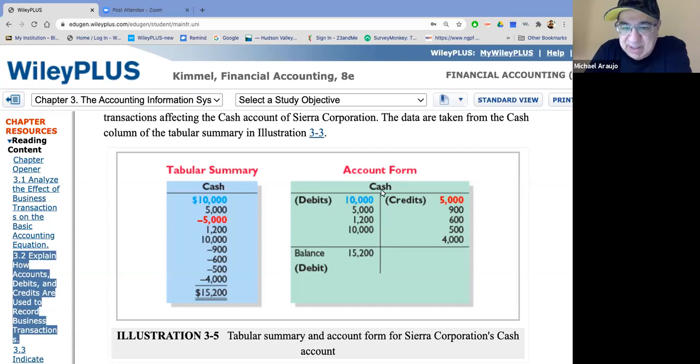The left side is the debit side, the right side is the credit side. For asset accounts like cash, the debit side is the increase side, shows we have more. So you analyzed it as plus 10,000 in Learning Objective 1, that we had more cash. In reality, we actually talk like this, $10,000 debit to cash, which also means we have more cash. But this is how bookkeepers and accountants talk, okay?